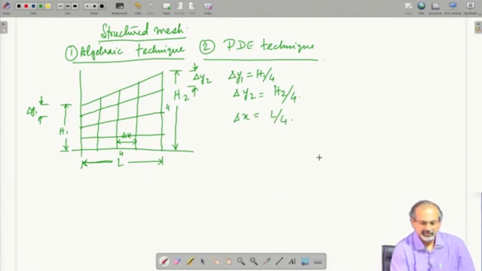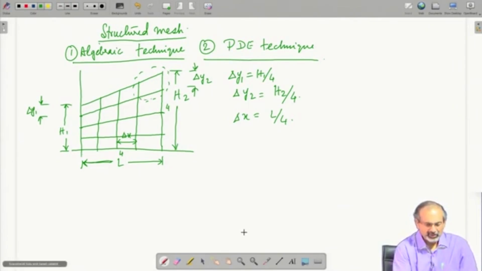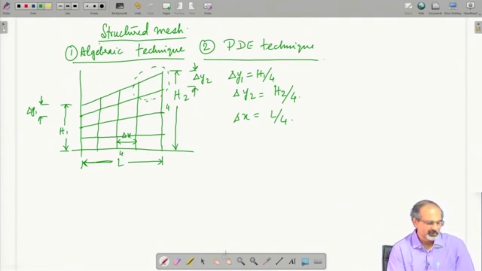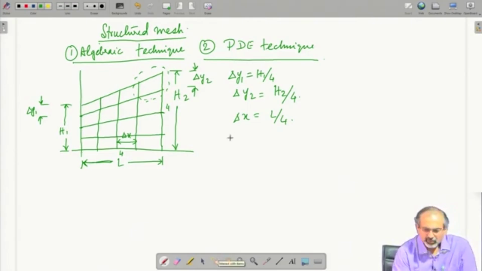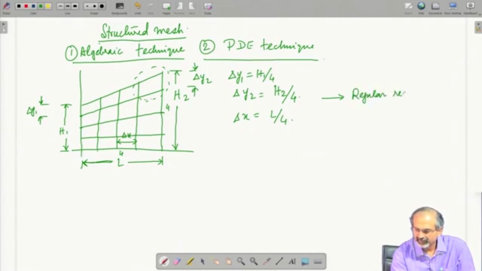Now, as you can understand, if you watch carefully some of these regions of the mesh, there is a lot of non-orthogonality, but we are not addressing that issue right now. Rather, we are trying to address the issue of how we can do a simple calculation by means of which we can take this domain to a regular rectangular domain.